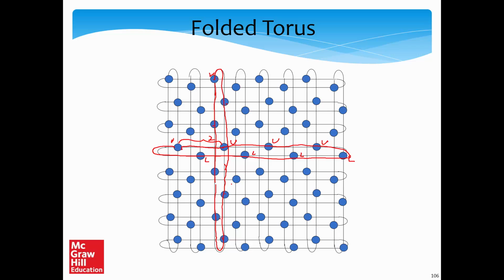You will then realize that doing this ensures that we can avoid those ultra long links from the start of a column to the end of the column or start of a row to the end of the row. Otherwise, the properties of a folded torus are no different from that of an ordinary torus, right? Essentially that is an invariant.